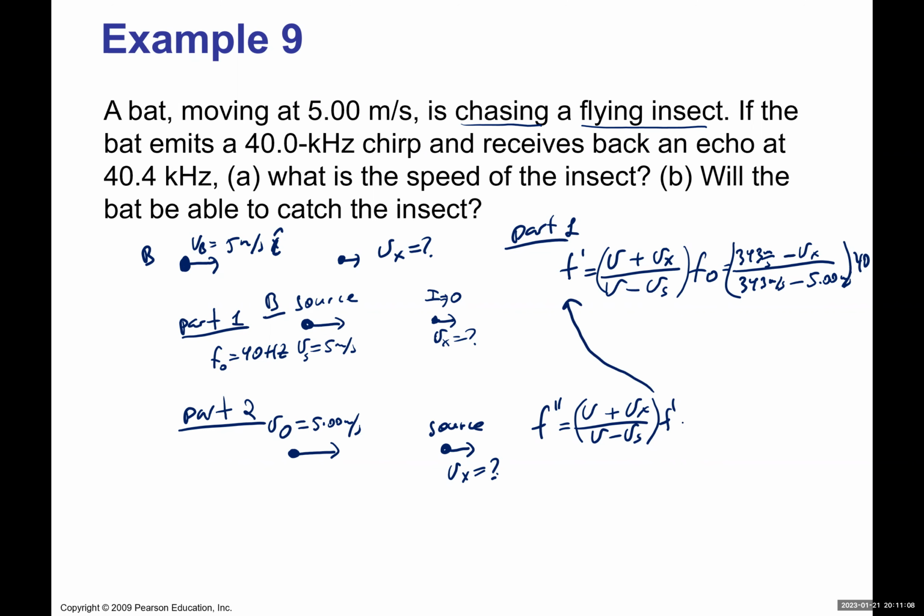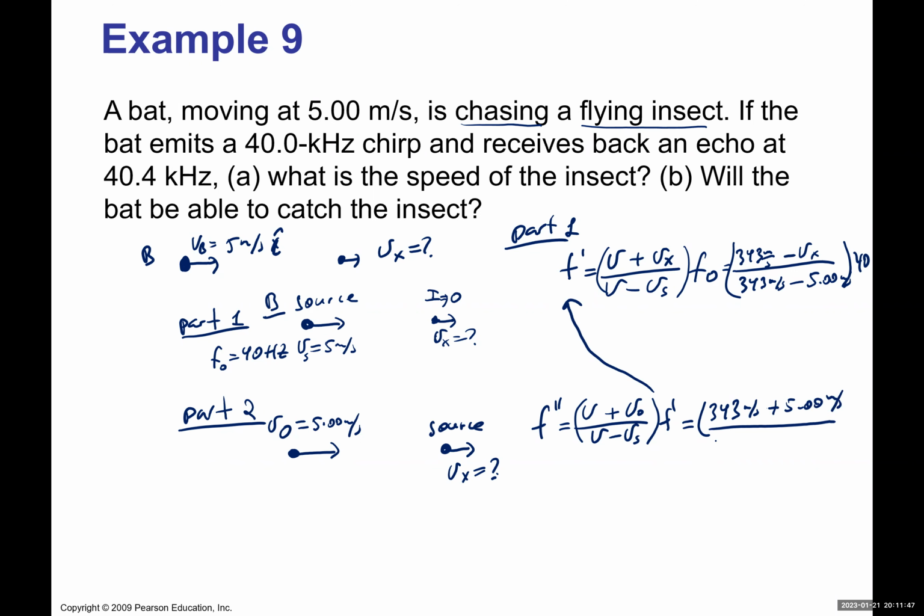Now, if I write this down, this is 343 meters per second. Sorry guys, that was the general equation. My observer here is the bat, and the bat is moving toward the source, so it's plus 5 meters per second.